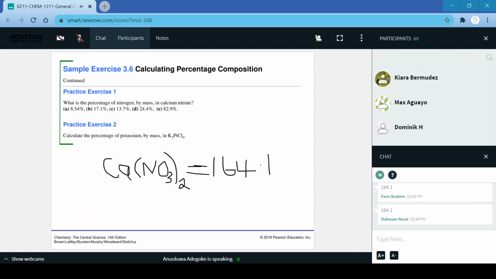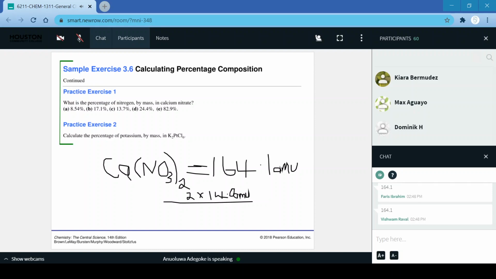All right, so this is 164.1 atomic mass units. To calculate the percentage of nitrogen by mass in calcium nitrate, what we do is this. There are 2 nitrogens here, so we say 2 times 14, because the atomic mass for nitrogen is 14.0 atomic mass units, divided by the total mass of calcium nitrate.